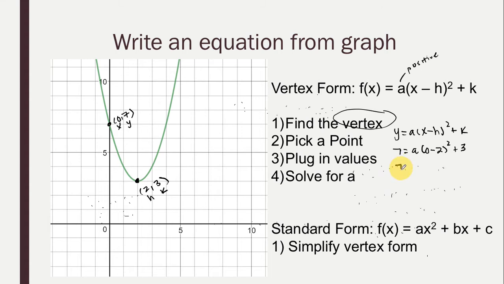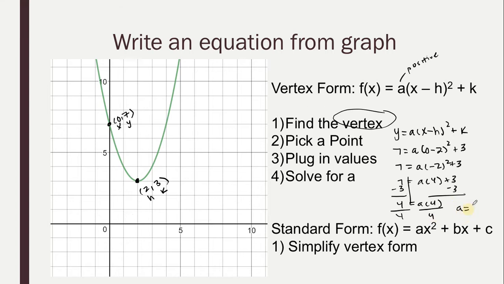So PEMDAS order, 0 minus 2, negative 2. Exponent next, negative 2 squared is positive 4. Solving, subtract 3 from both sides. That will give me 4 equals A times 4. Divide both sides by 4, A equals 1.